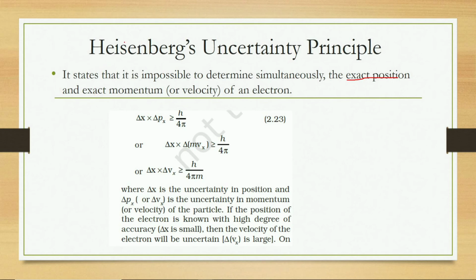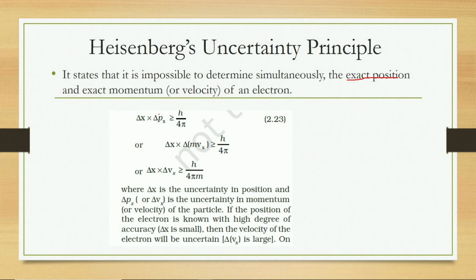We may calculate either the exact position or the exact momentum, but it is impossible to determine them simultaneously. So this is the basic relationship for the Heisenberg uncertainty principle.